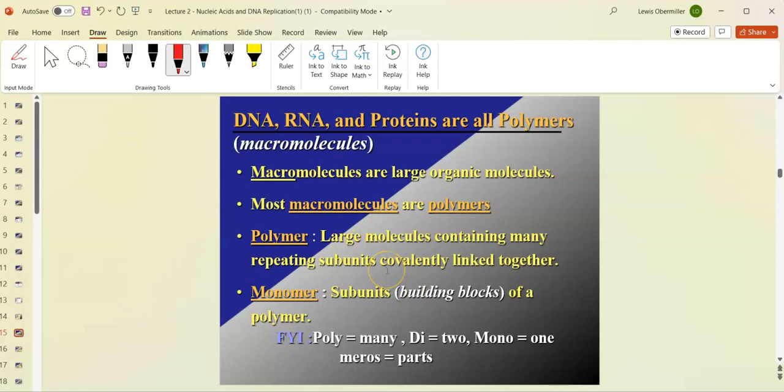So if you want to make a polymer like sugars or lipids or long chains of DNA or RNA, you have to take the individual pieces and link them together like beads on a string to make that bigger macromolecule or polymer. So polymeros, many parts, monomeros, one part.